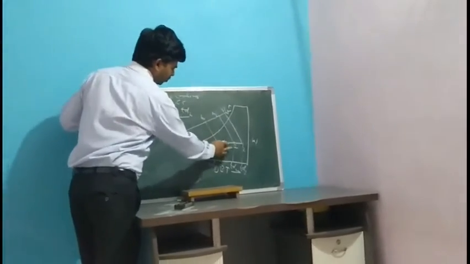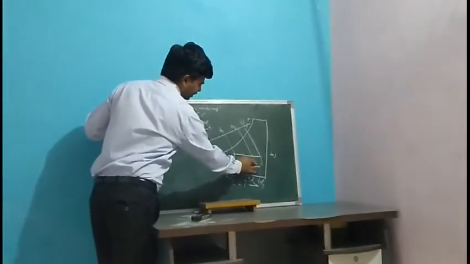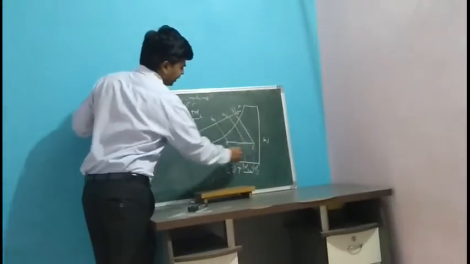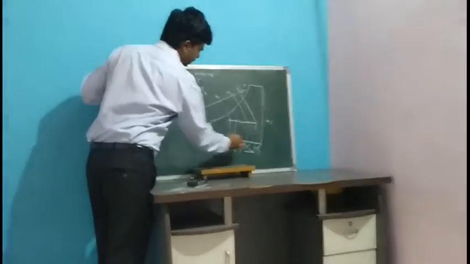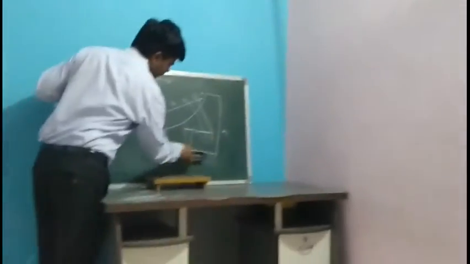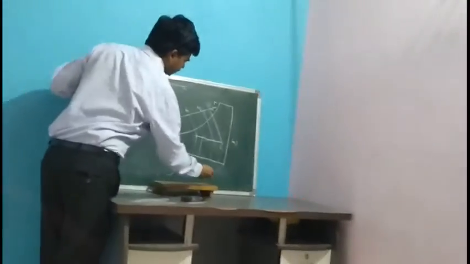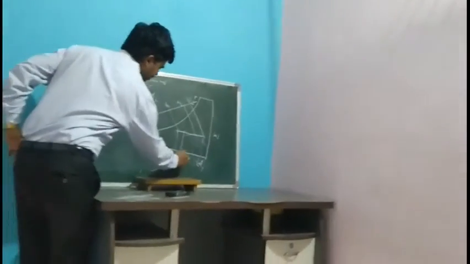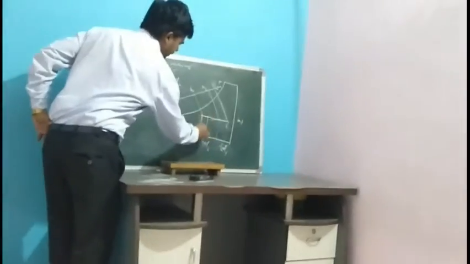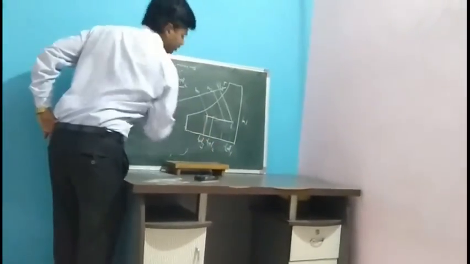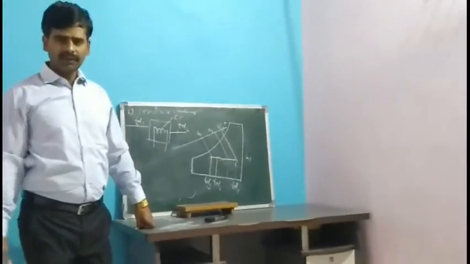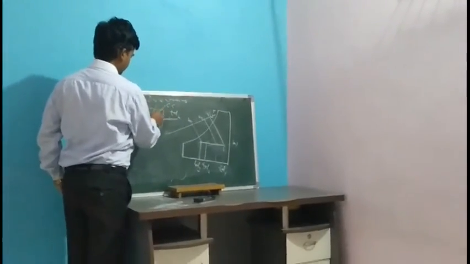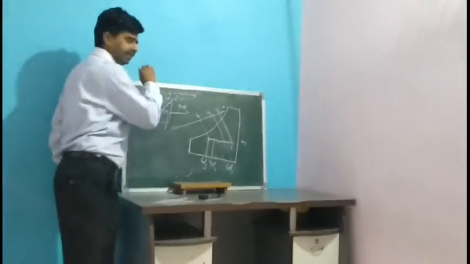This is the inlet condition of air, TD1, then TD2 is the outlet condition of air, and this is TD3, which is the coil surface temperature. So this is the cooling coil, having a surface temperature TD3.